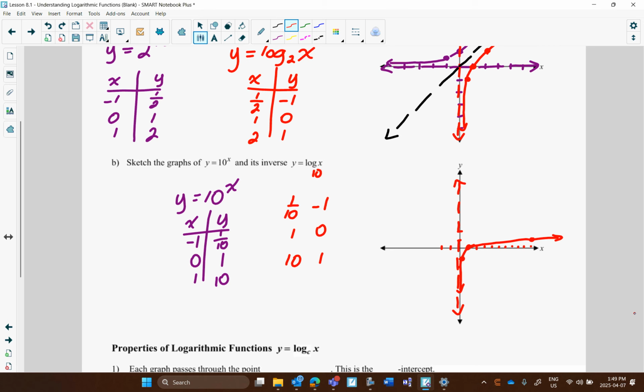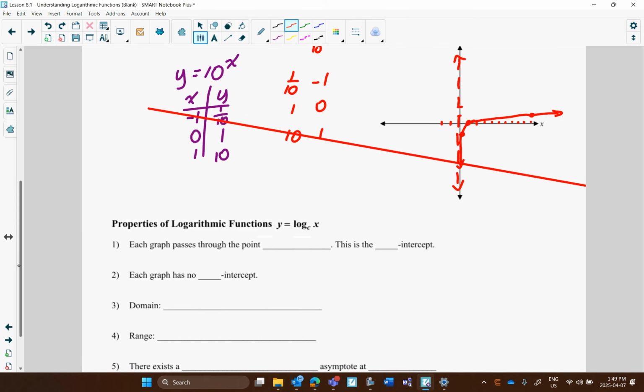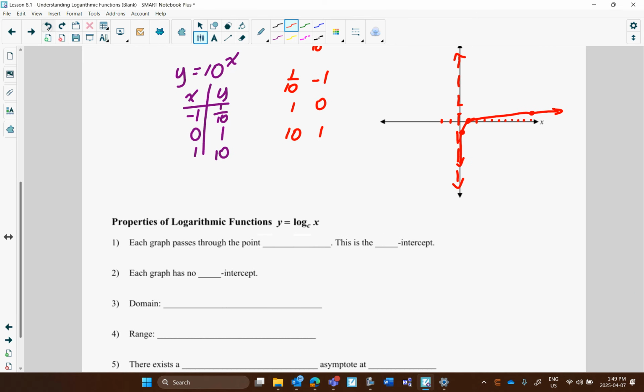So remember, when you sketch a logarithmic function, make a table for the exponential one, and then reverse all the x and y's, graph it, and make sure the vertical asymptote is there. And then just to summarize the properties.